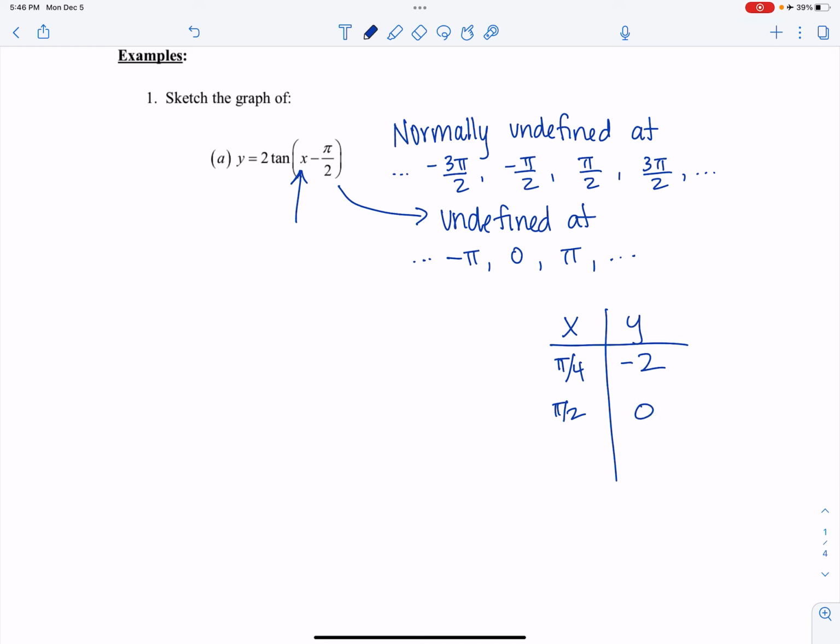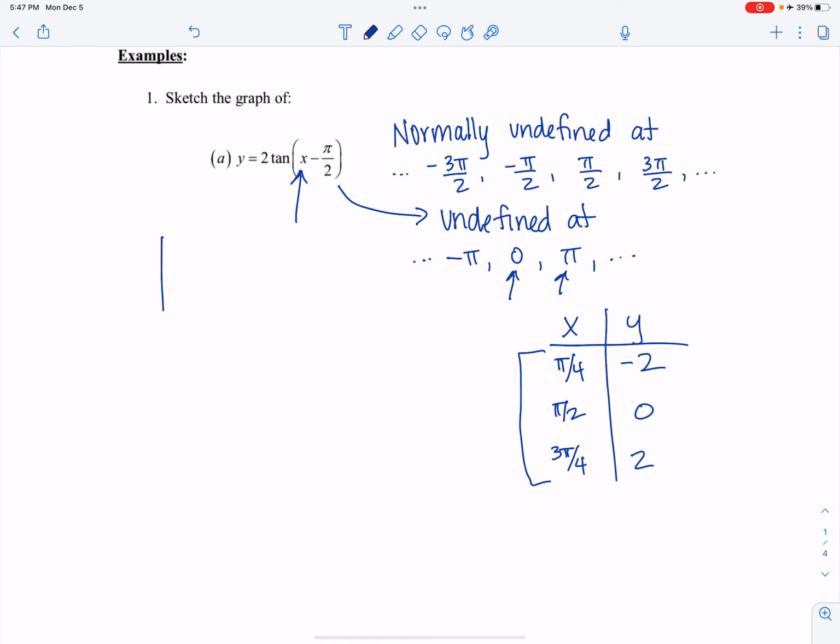And let's do one more, 3 pi over 4. That's going to give me out a positive 2. Now, what made me choose these values? Well, I know that at 0 it's going to be undefined, and pi is going to be undefined, so I'm looking at some points in between 0 and pi. So if I cut pi into 1/4, 1/2, and 3/4, then I can find some values on the tangent that are really useful to me.